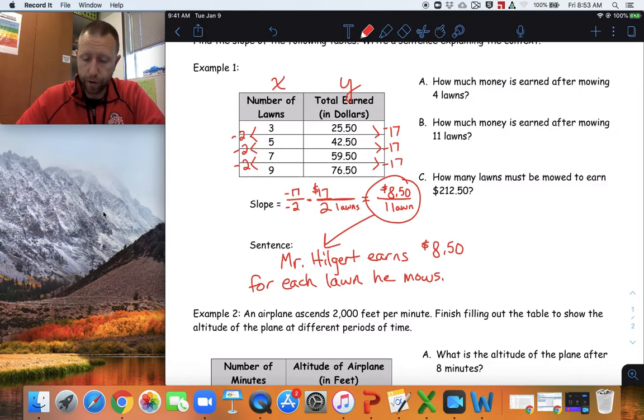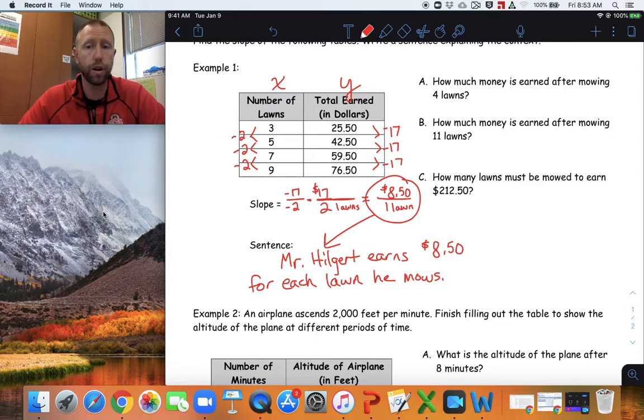Okay, the first question says, how much money is earned after mowing 4 lawns? Sorry. How much money is earned after mowing 4 lawns? Well, now that I know how much it's going to cost to mow just 1 lawn, right? I found my slope here as $8.50 per lawn.